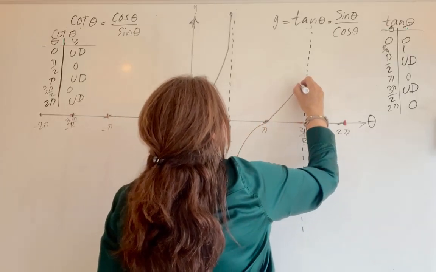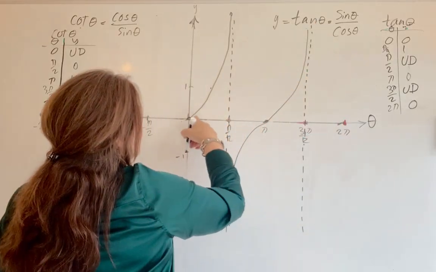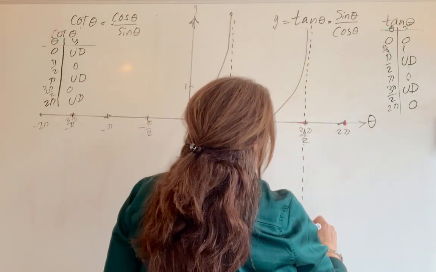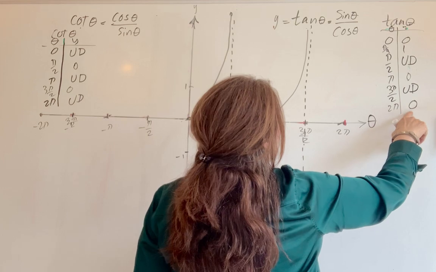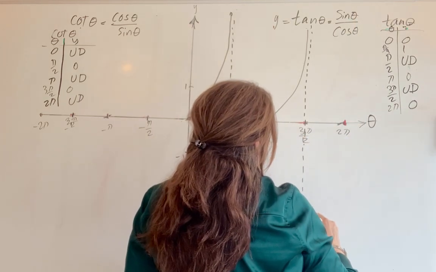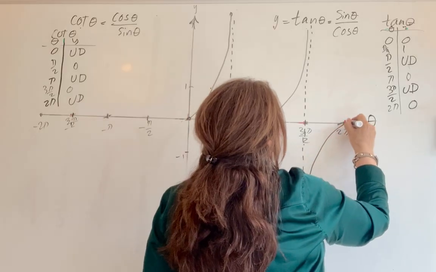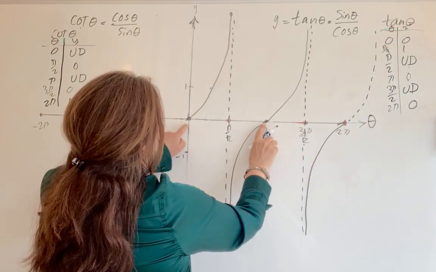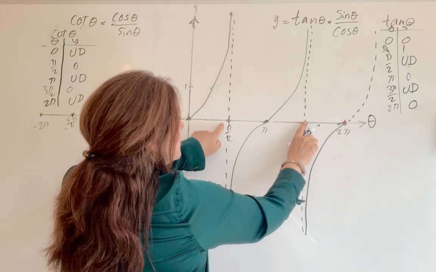It gets 0 and repeats again from here to here. And at 2 pi it is 0 again because sine is 0. It repeats in this way, every pi, not 2 pi.